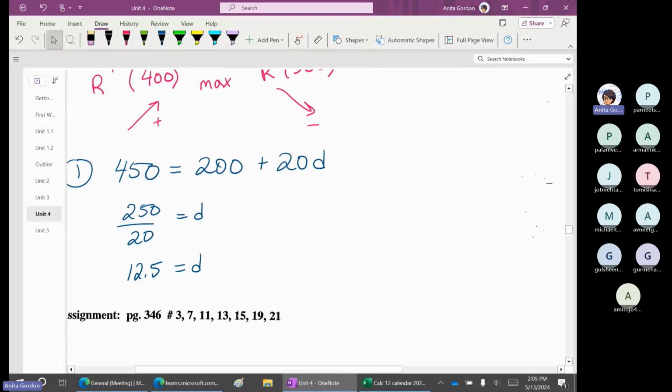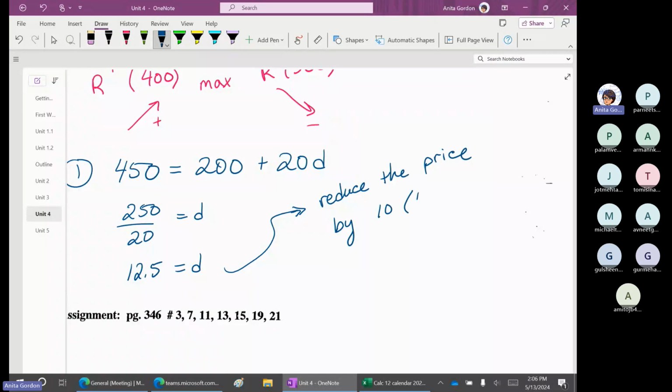So you get 12.5 discounts, but that wouldn't work. Okay, so this means I have to reduce the price by 10 times 12.5 to maximize revenue.